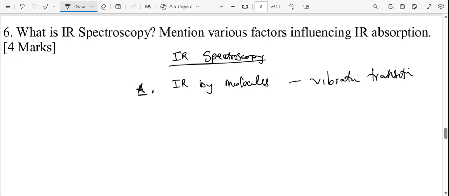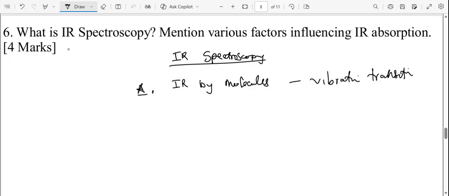So you can say IR spectroscopy is the type of spectroscopy that studies the interaction of matter with the IR radiation, causing the change in vibrational energy levels.